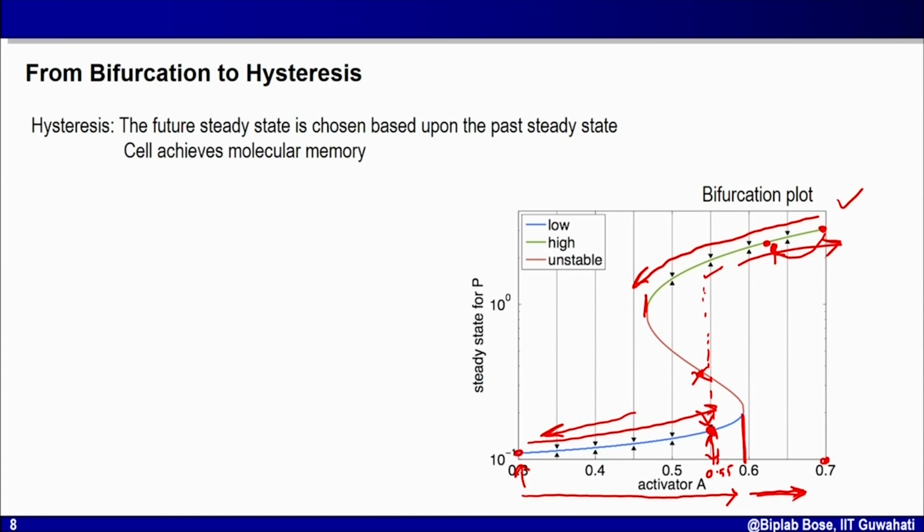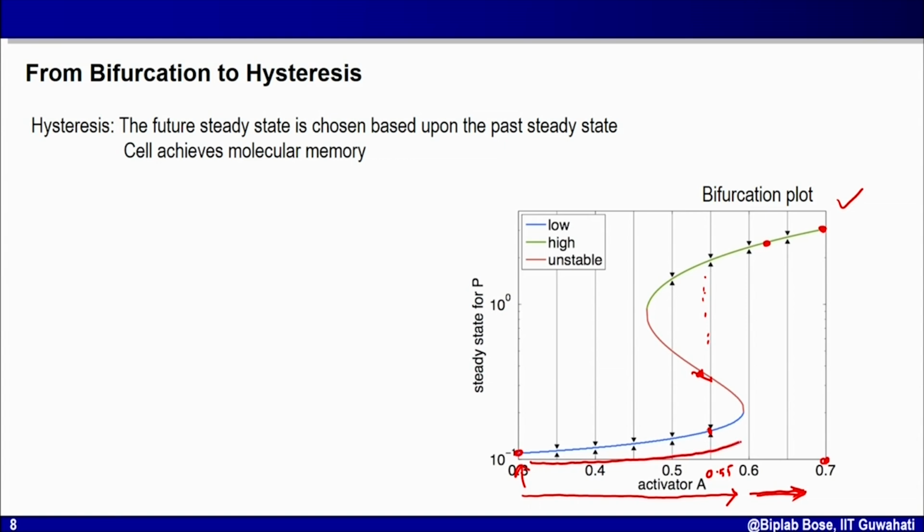So if I draw it with clarity, when I increase the value of A from a lower value up to near 0.6, the system will stay in the blue, the lower steady state, and then it will follow this path. So my path is like this and then jump and increase.